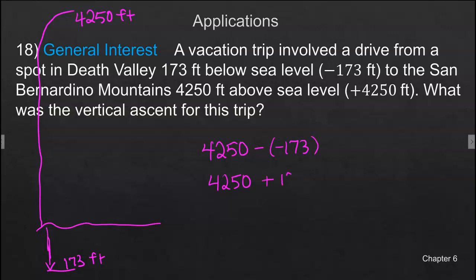And this is a really common problem when we get to the negative and positive, this is a very common type of problem. So the distance is 4,423 feet for the vertical ascent. So how far did we go up, starting below sea level to way up there at 4,250 feet? All right, so we add them together.